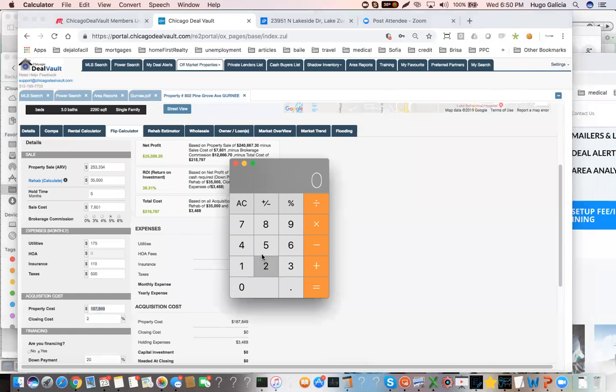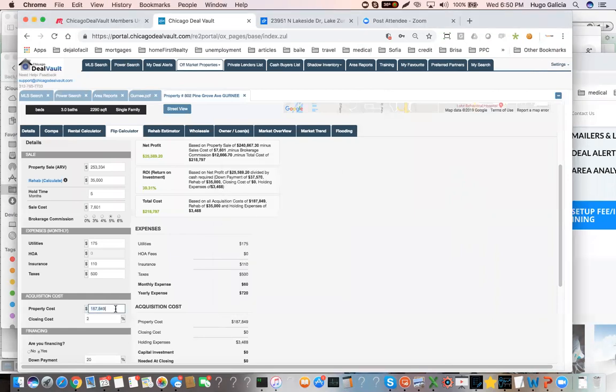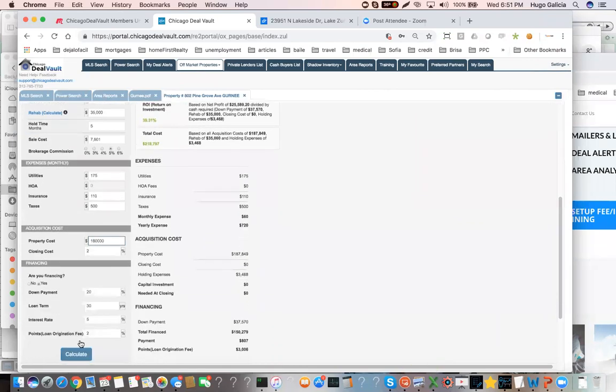So if we know the property is worth 253 minus at least 75,000, you need to pay no more than, let's say, 180 on this property. So here, let's make this 180, okay? 1, 2, 3. And then let's calculate.